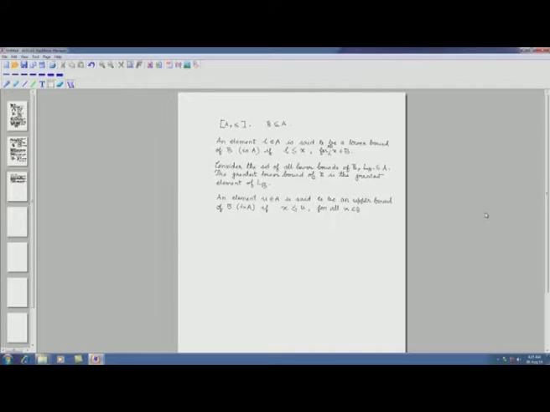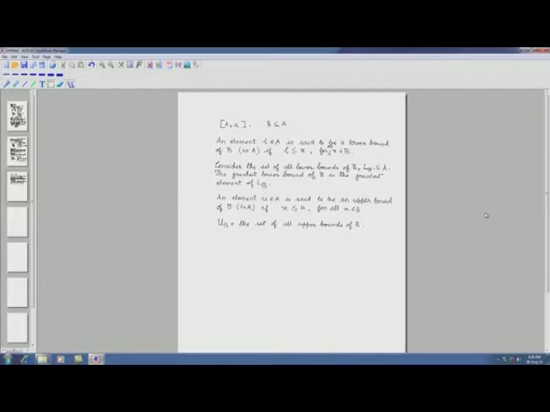Now, suppose U B is the set of all upper bounds of B, then in case this set of upper bounds has a least element, we call that element the least upper bound.